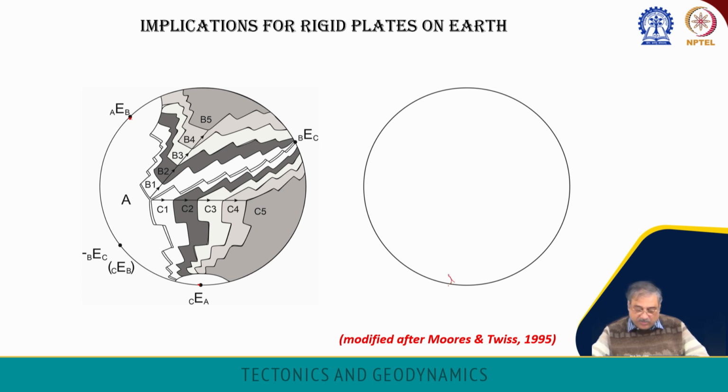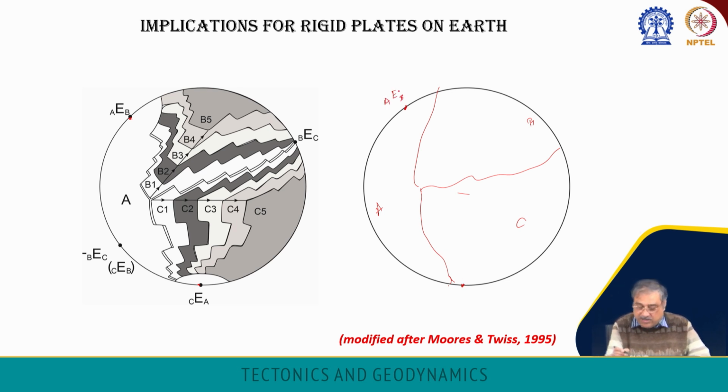So roughly, this is plate A. Forgive my bad drawing, but this is roughly the position of plate A, and this is roughly the original position of plate B and the original position of plate C. So this is A, B and C, and we've got this Euler pole here, and this Euler pole here. This is the Euler pole of B with respect to A, and this is the Euler pole of A with respect to C. So these are two different Euler poles, and we can think of the instantaneous Euler pole of C with respect to B located out here.